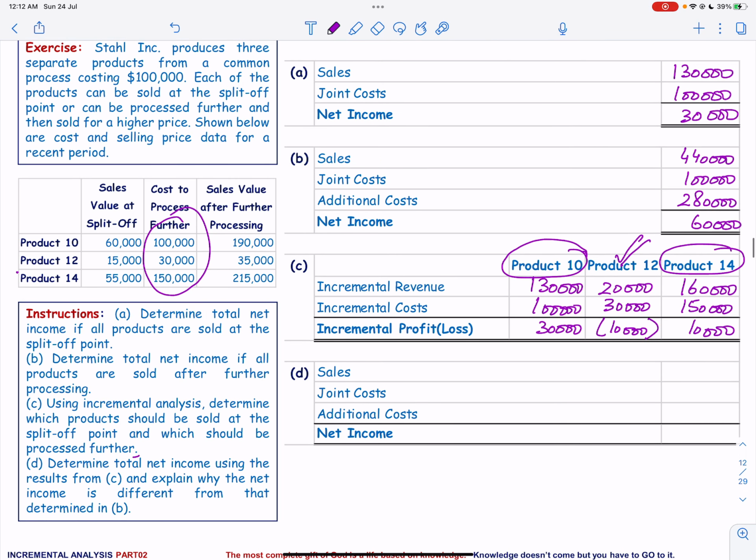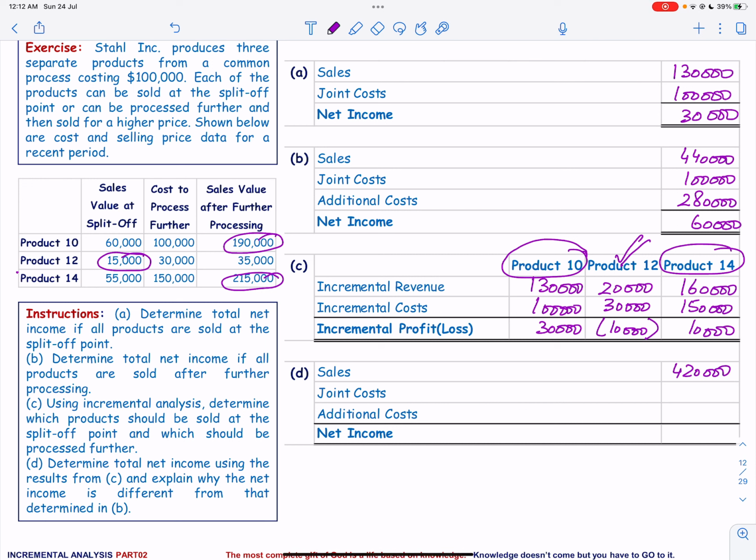Now determine total net income using the result from C and explain why the net income is different from that determined in B. Now the sales, if we are going to sell after further processing product 10 and 14, and we will be selling at split off product 12, the total sales value will be 420,000.